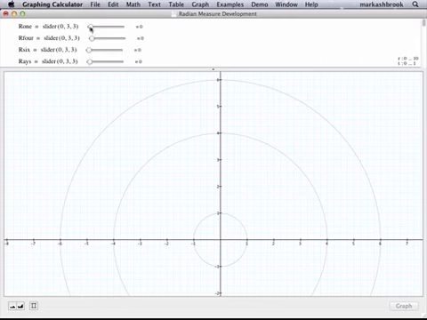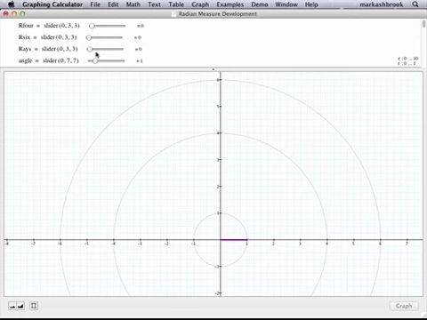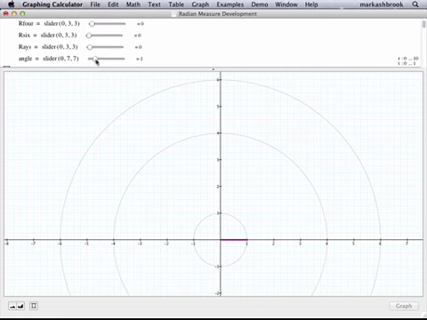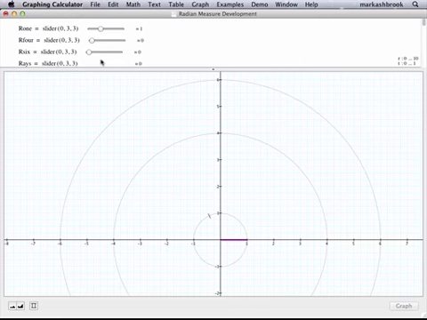Okay, start again. Okay, so here's my original radius. Now I'm going to do that.